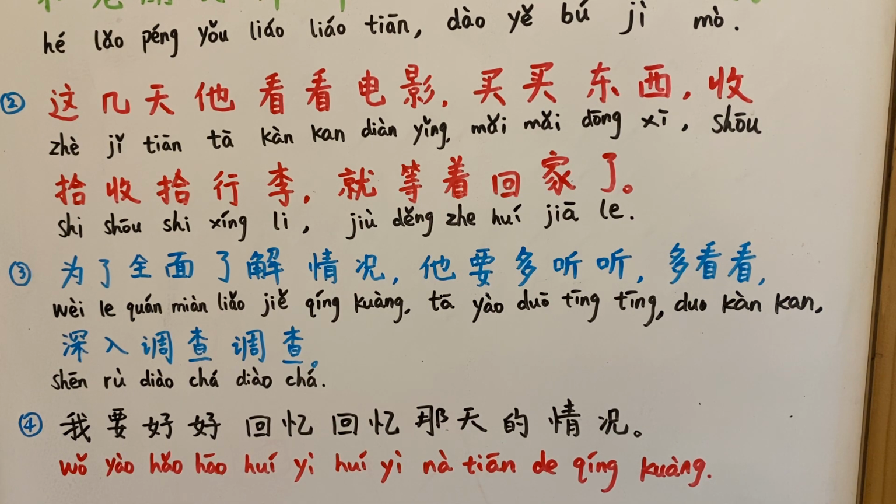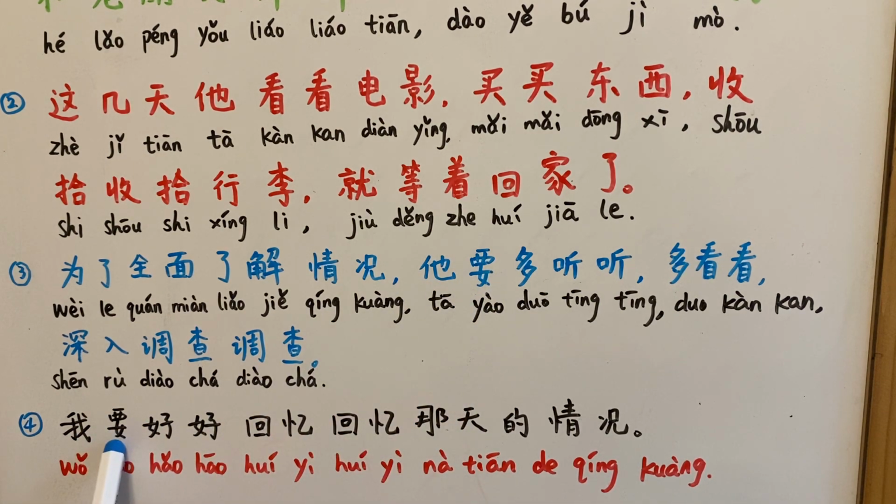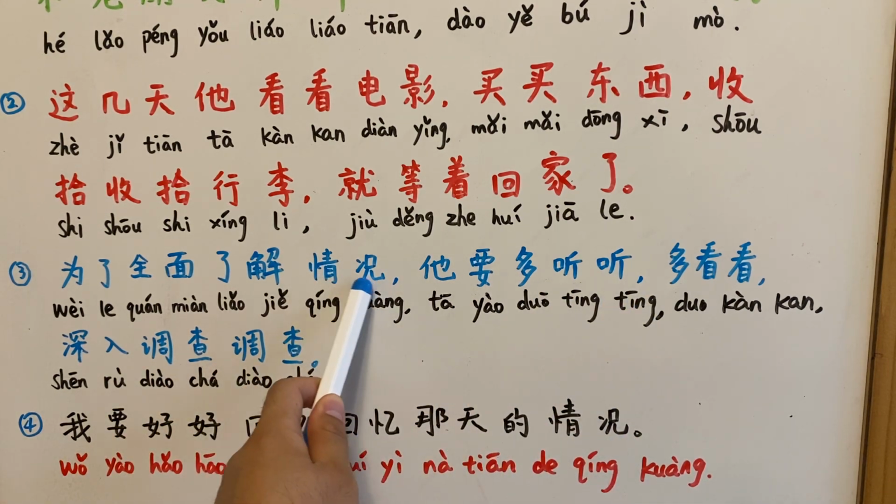You only need to memorize a few hundred Chinese characters to read properly. As we go on with our learning, you may find this to be true, right? 他要, 我要, 情况, 情况, it's the same.